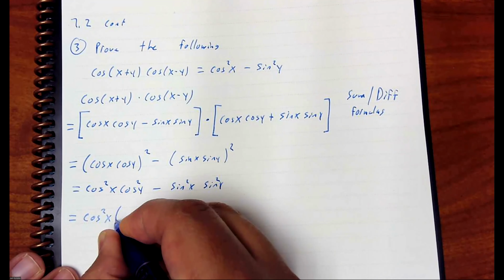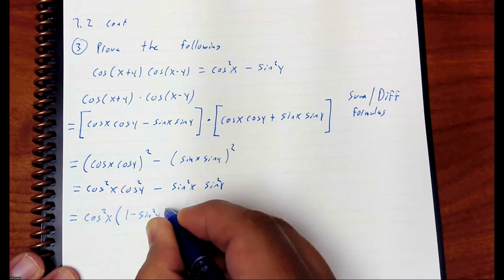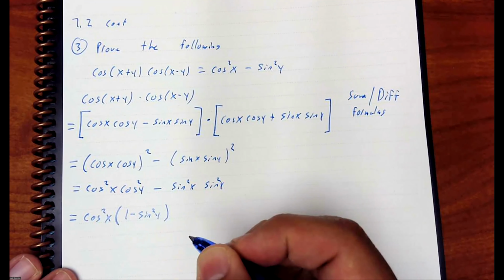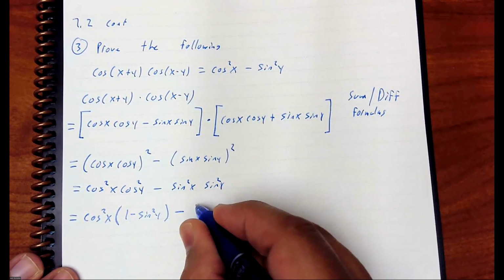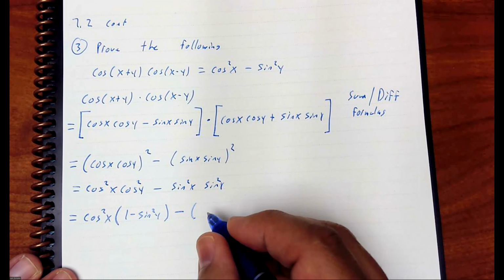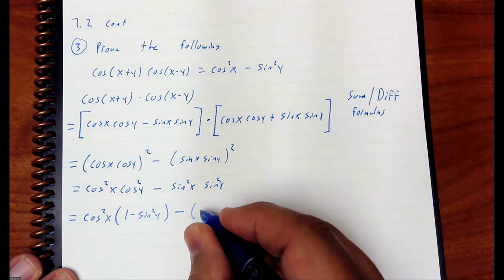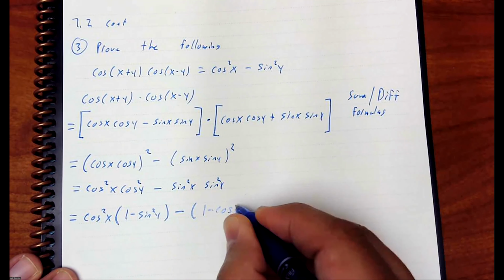I'm changing the cosine squared y to be 1 minus sine squared y, and I'm changing this one to be 1 minus cosine squared x.